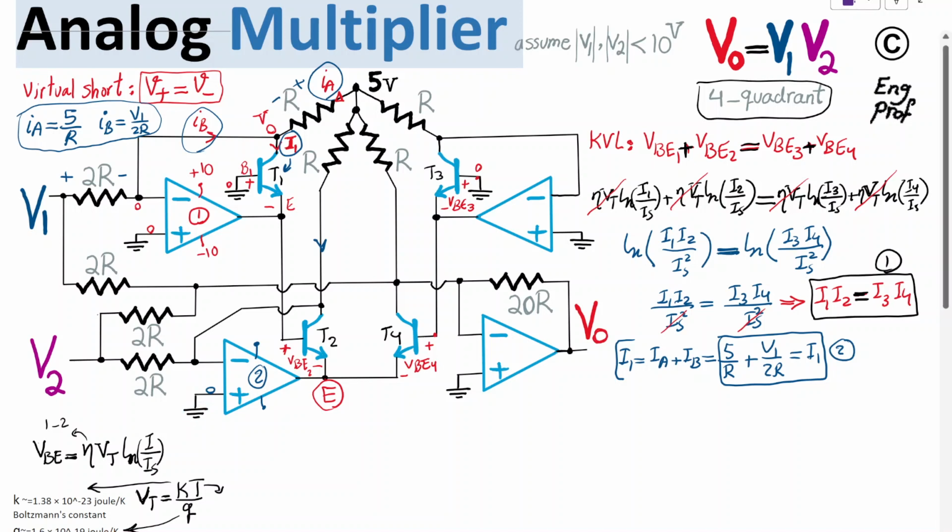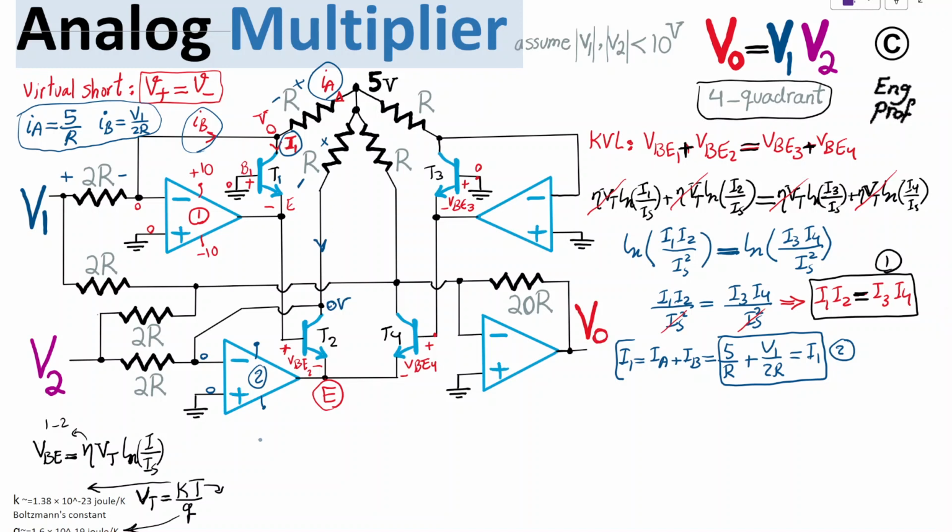As a result, the negative terminal also sees a virtual ground, so 0 volt, which means this point is 0 volt. And therefore the voltage drop across this resistor is now known, plus minus R, and it is 5 minus 0.